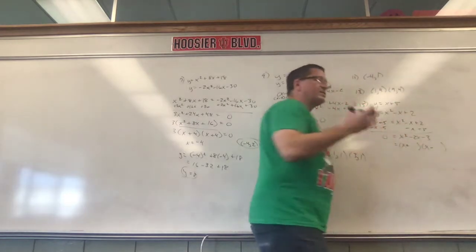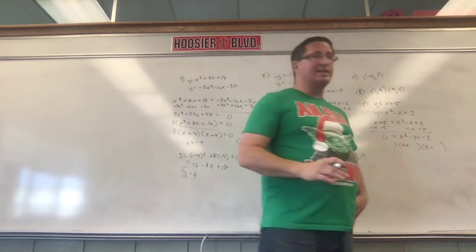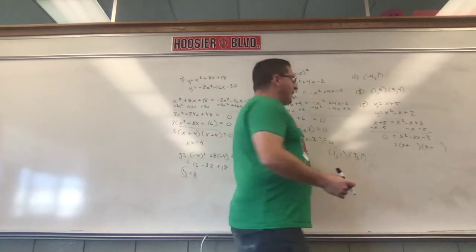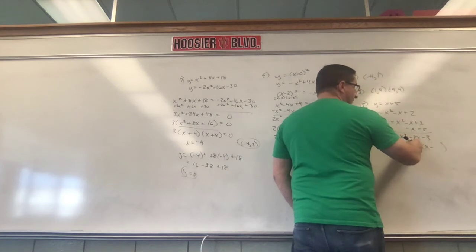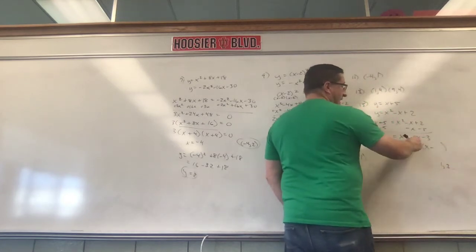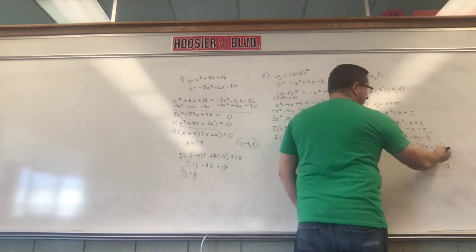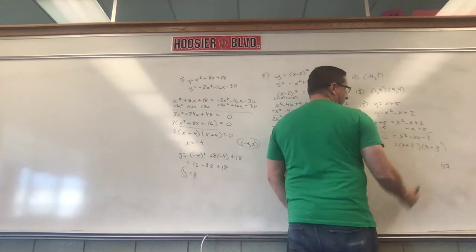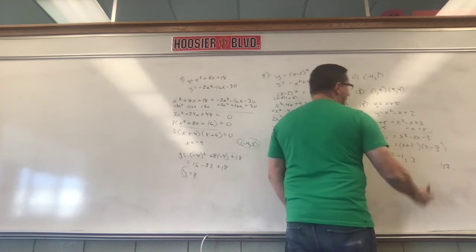Don't put negative, negative. A negative times a negative is a positive, and that's not a positive, it's a negative. How do you multiply to get 3 but add to get negative 2? One of them has to be negative, so it's going to be a positive 1 and a negative 3, because those add to negative 2. So what makes 0 here? Negative 1 and positive 3.